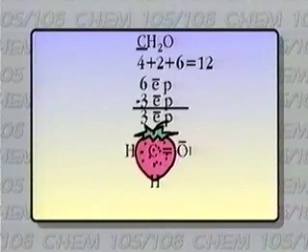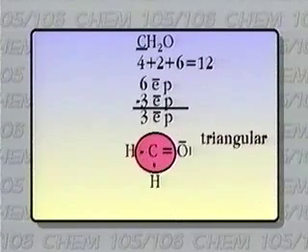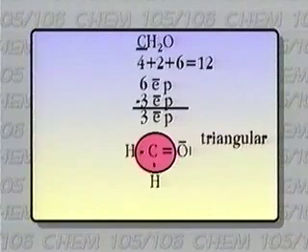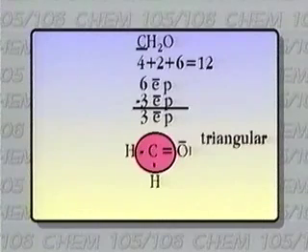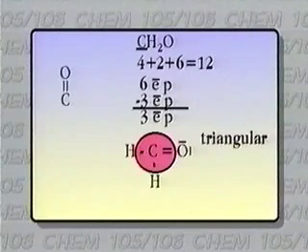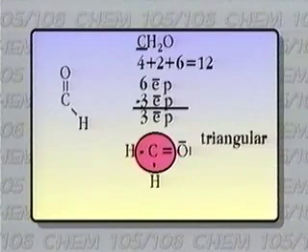So that tells us that this here should in fact be triangular in geometry. It should be triangular, and it should be then planar as well. So in other words, we would have carbon, double bond oxygen, 120 degrees from that would be a hydrogen, and 120 degrees would be the other hydrogen.